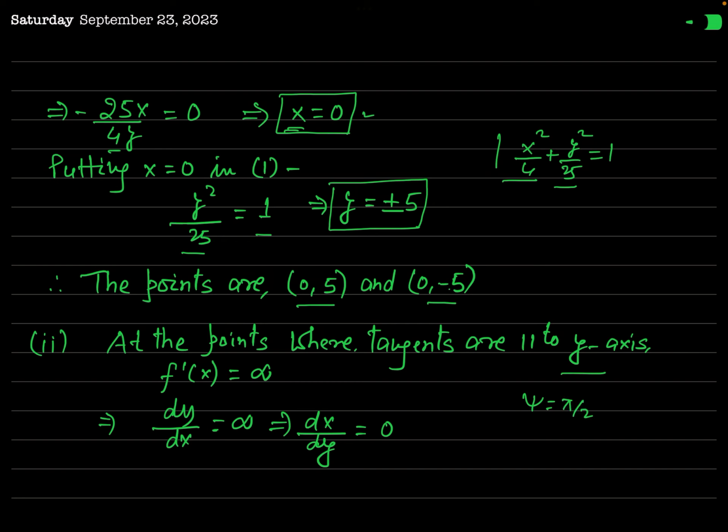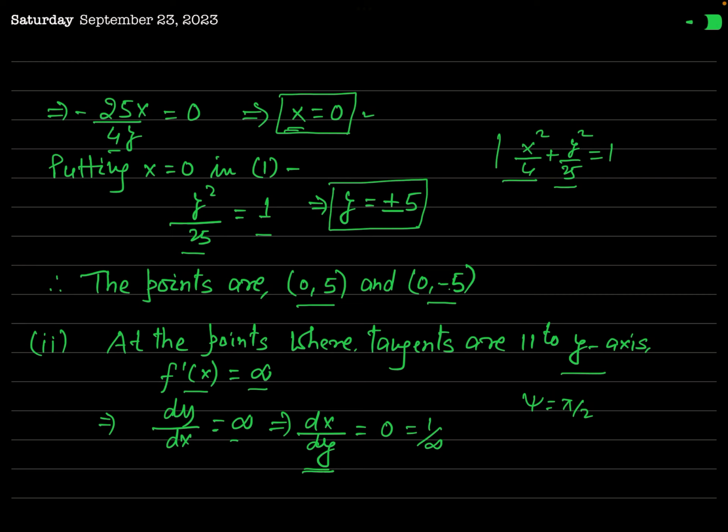And if psi is pi by 2, what will be the slope? Slope is dy by dx, and that will be infinity. So dy by dx will be infinity, and that's why you can say that dx by dy equal to 0, because this is 1 by infinity.